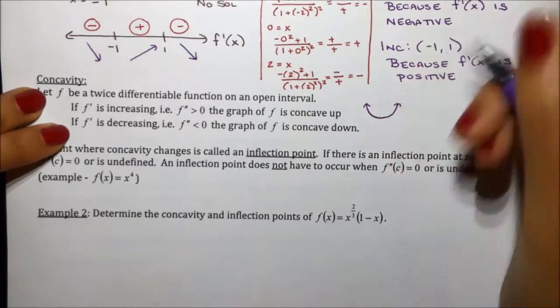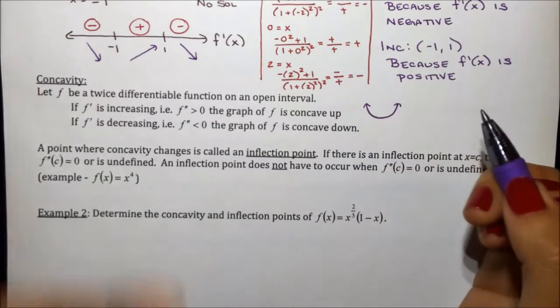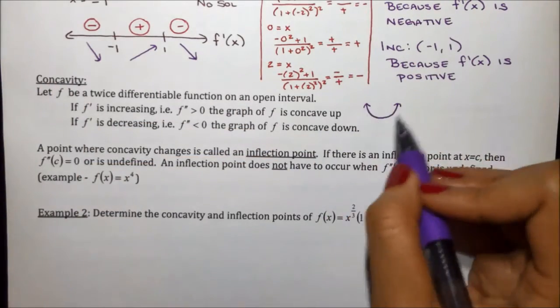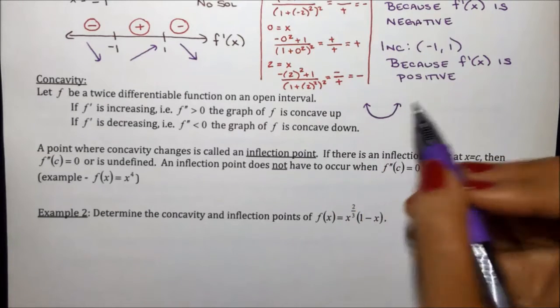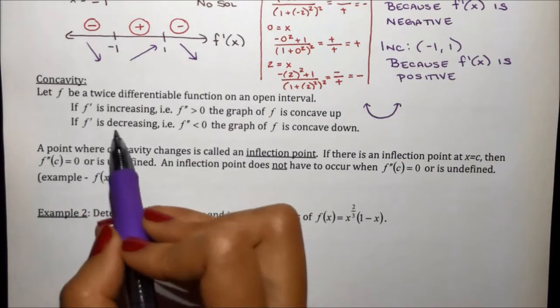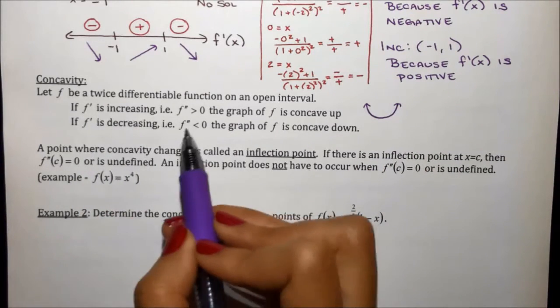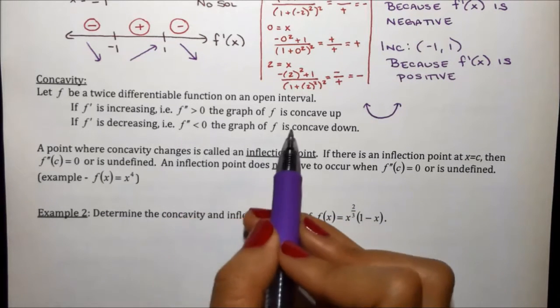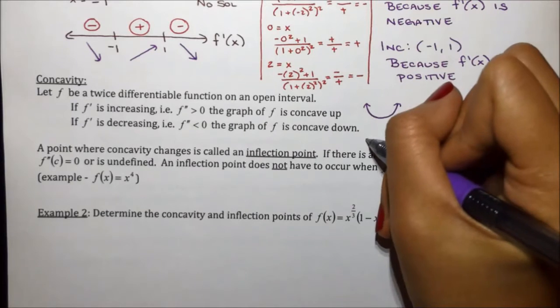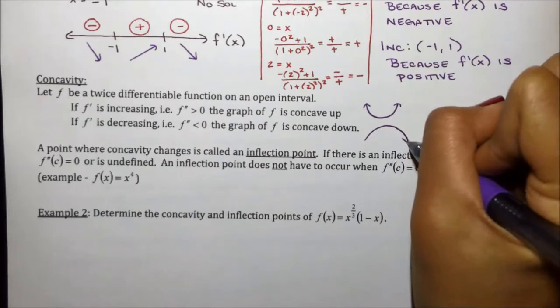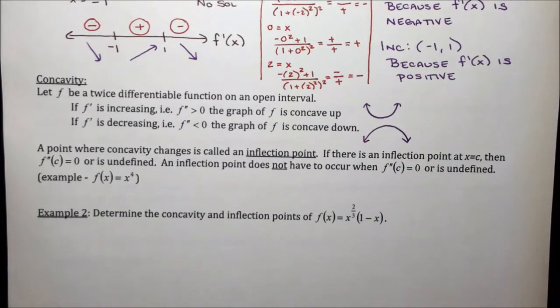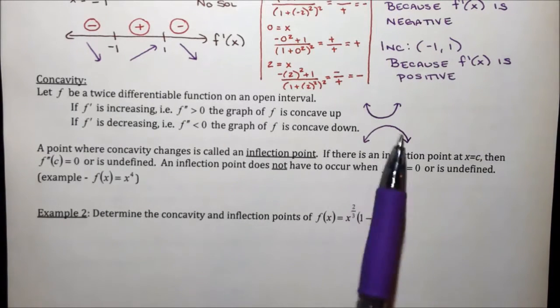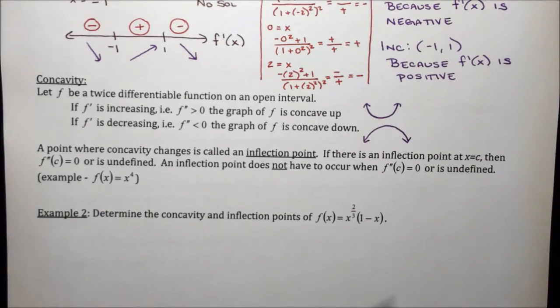It doesn't have to be the full graph, but most of it looks like it could hold water. It's concave up, like a cup. If f prime is decreasing, or the second derivative is less than 0, the graph is concave down. That means that it looks like a frown. So concave up, like a cup, concave down, like a frown.